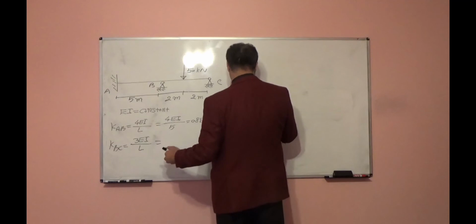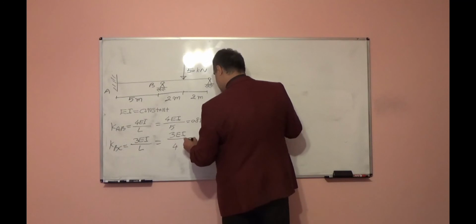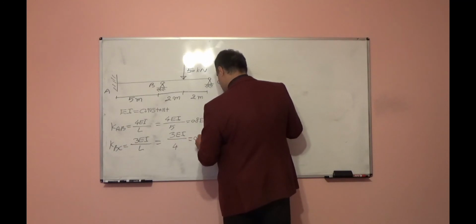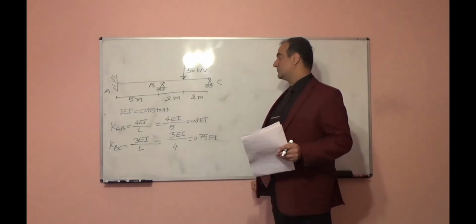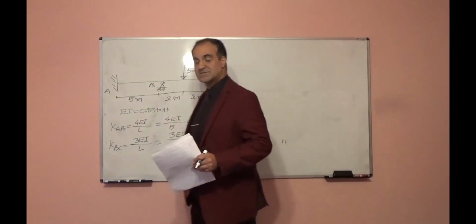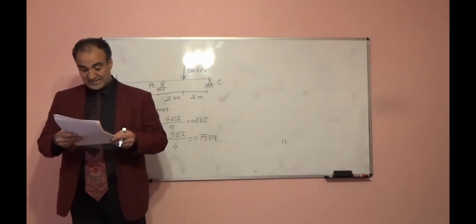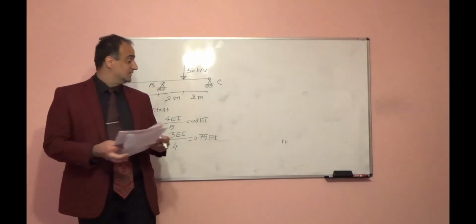That will be 3EI divided by 4, that will be 0.75 EI. So first step we calculate the stiffness for each member, 2 stiffnesses.